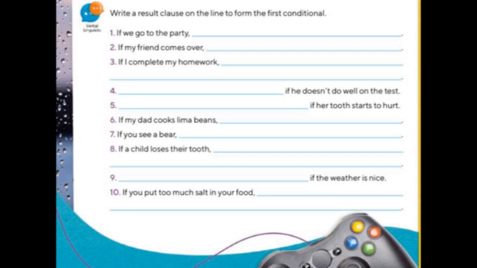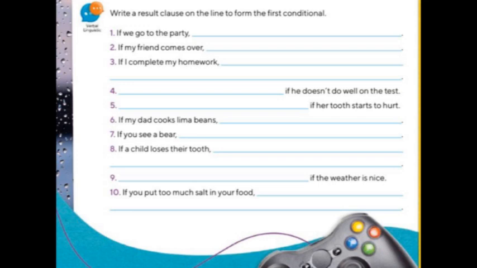You don't write my example, but you write yours. If we go to the party, we will dance a lot. Please note that the result clause must be a complete sentence, a sentence with subject and predicate. I'll repeat my result clause. If we go to the party, we will dance a lot. Subject and predicate in that result clause.